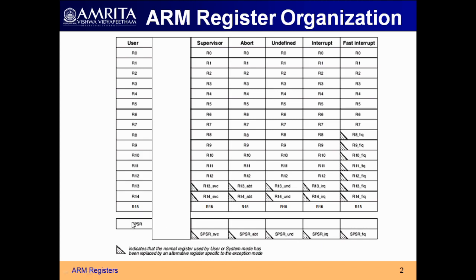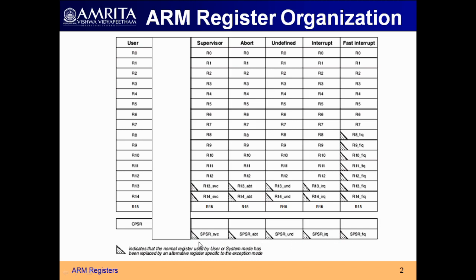That is how it is done. And whatever status bits you need to access, you can directly access from the SPSR itself. So there is no need of switching back from one mode to the user mode or to the other mode. Directly by reading the SPSR itself, you will get the same status bits that are in the CPSR.